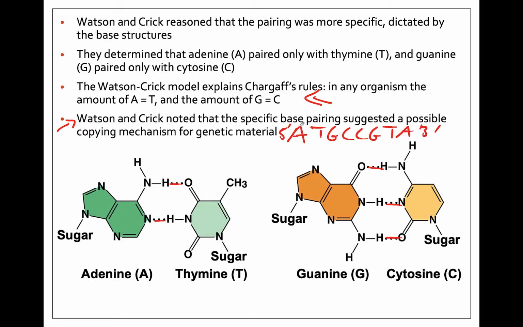We know that if we see an A on one side, there has to be a T on the other. If we see a T on one side, there has to be an A on the other. G is always paired with C, C always paired with G. And so if we only had a single strand of DNA, it was totally possible to come up with the other strand of DNA and have the correct DNA. And so this suggested a mechanism for how DNA copied itself in DNA replication.